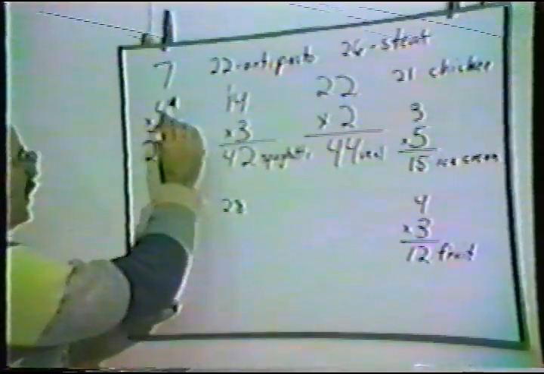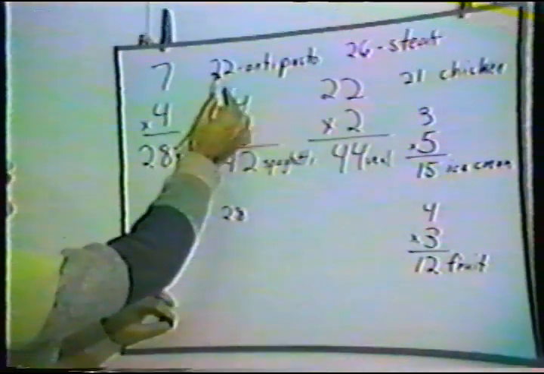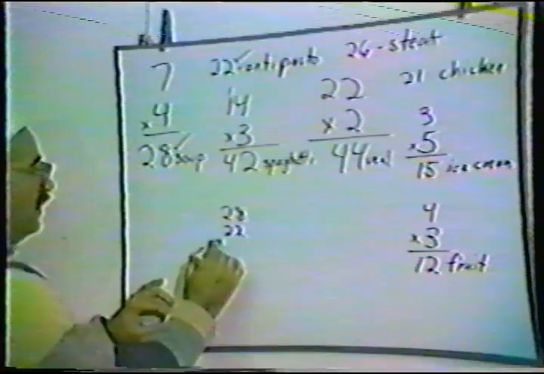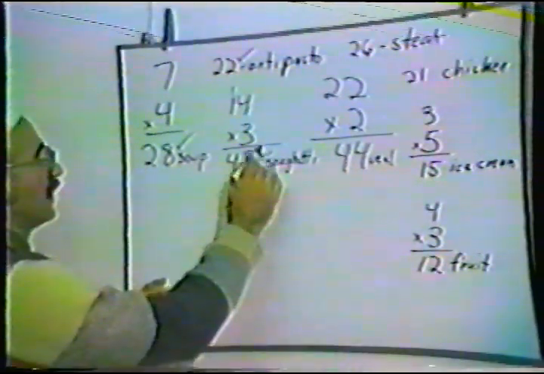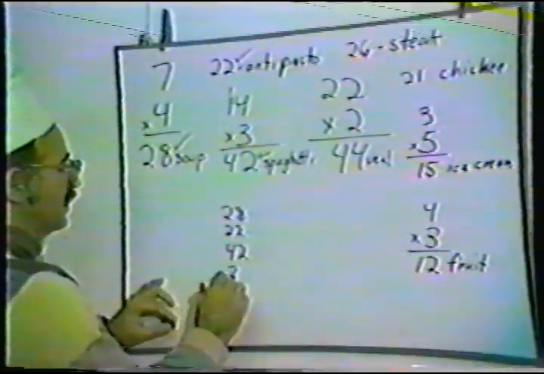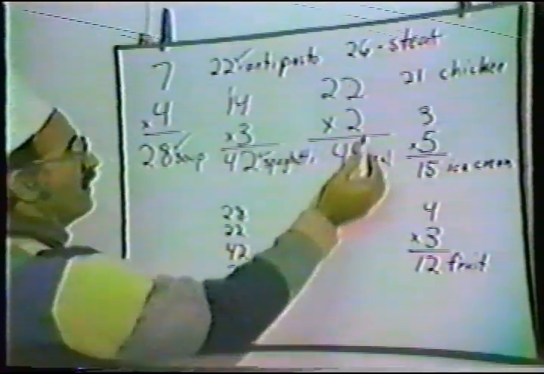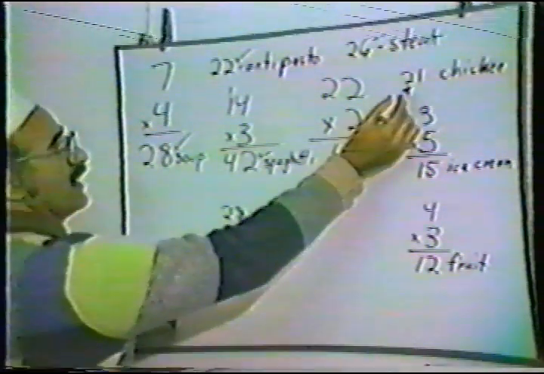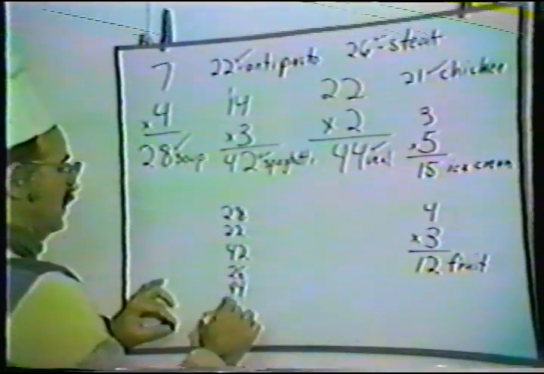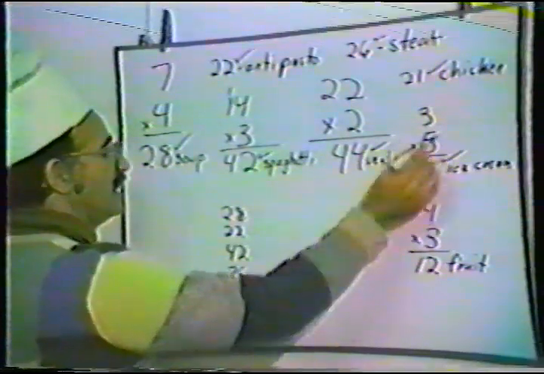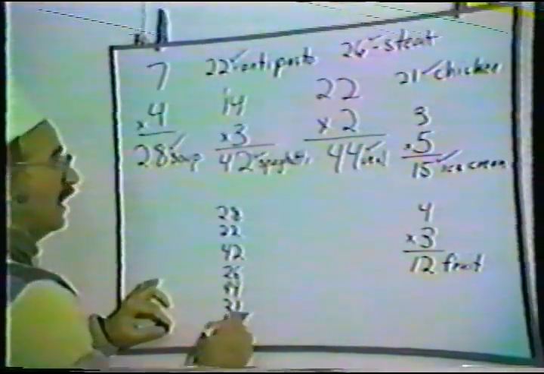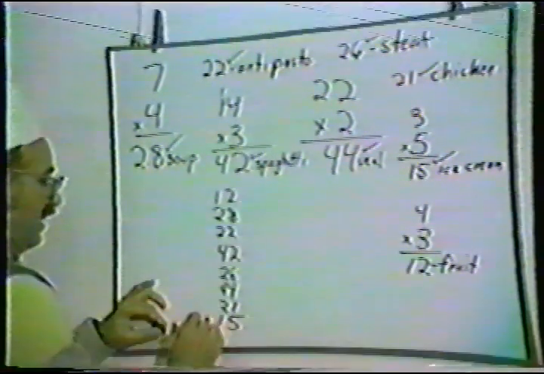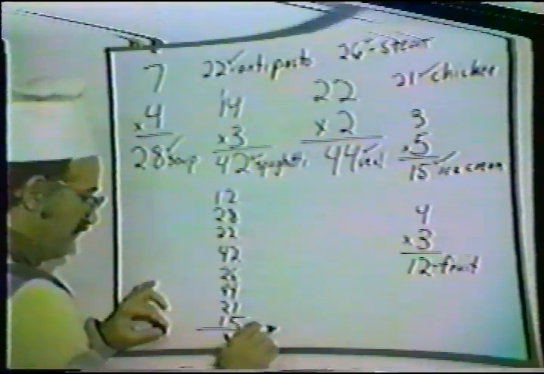Let's just check it off so we know we've included it. 22. 42. 26, 44, 21, 15, and 12. We'll have to sneak that one back on top because we're out of room.